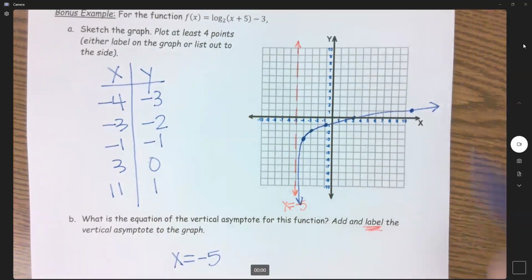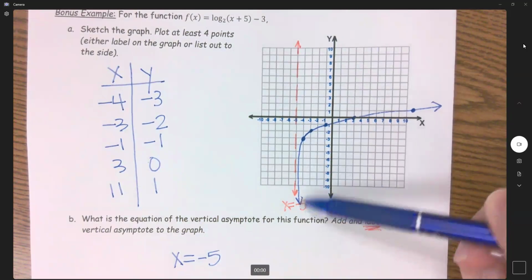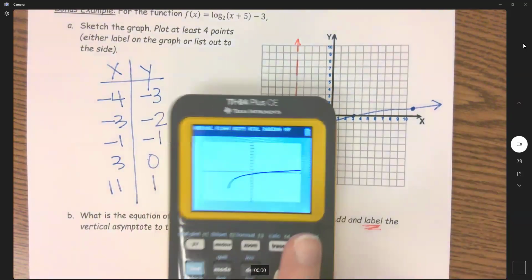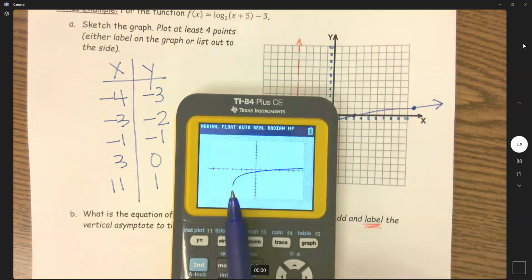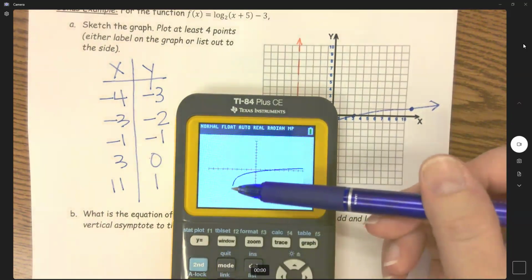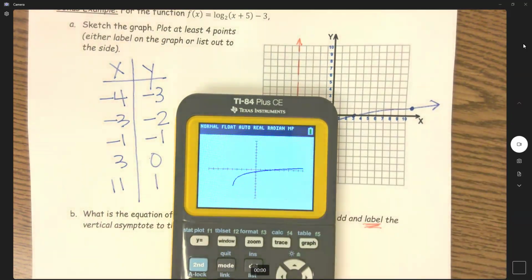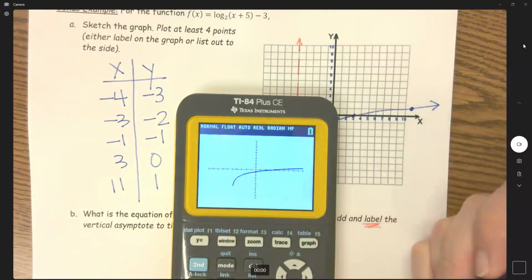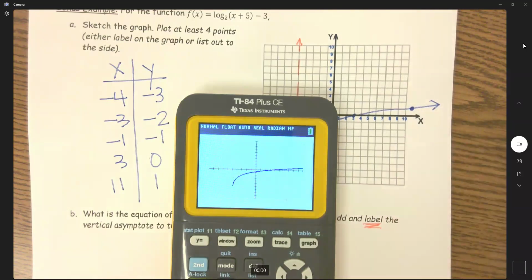Now notice that my graph is going down forever because it's going to start hugging that vertical asymptote. When you look at your graph here, it looks like it starts right here, like more of like a square root, right? We need to know that that keeps going down. Your calculator is just doing the best it can, and it can't keep moving over without touching that line. And so it just kind of stops.